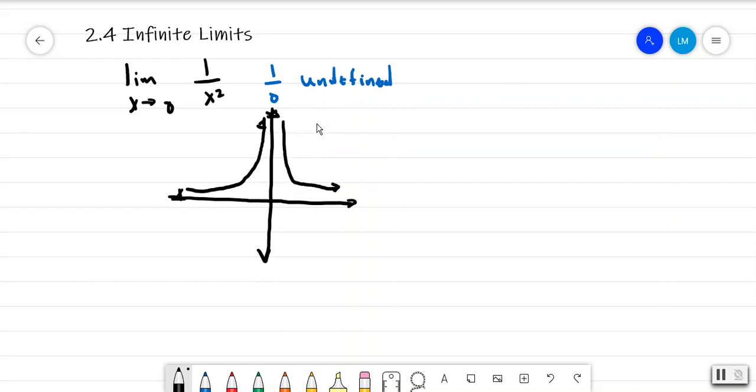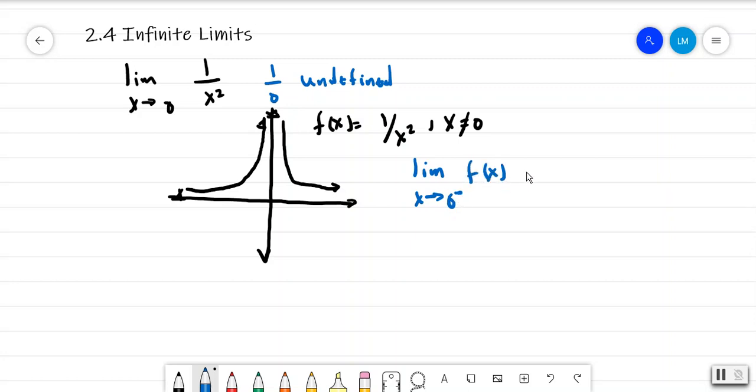This is our function f of x equals 1 over x squared such that x cannot equal 0. If we look at the limit as x approaches 0 from the left for f of x, we can see that it approaches positive large values, or infinity.